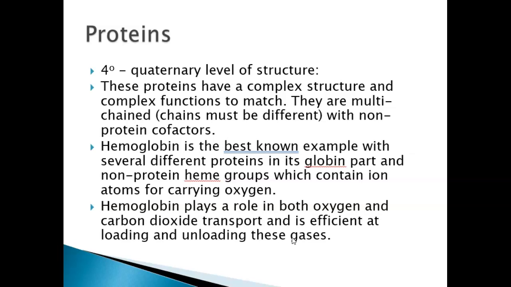Hemoglobin is an example in animal cells. Some lower animals, instead of having iron there, have copper. Some of your aquatic worms and crustaceans have copper there. Plants have chlorophyll. Chlorophyll is an example of a quaternary structure, and they have magnesium in the center of that.